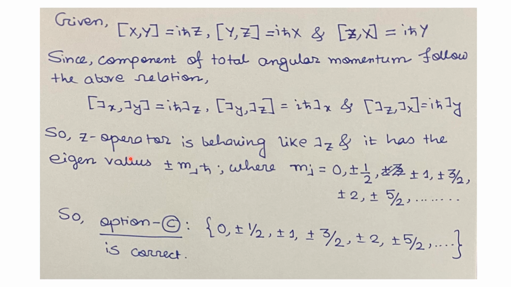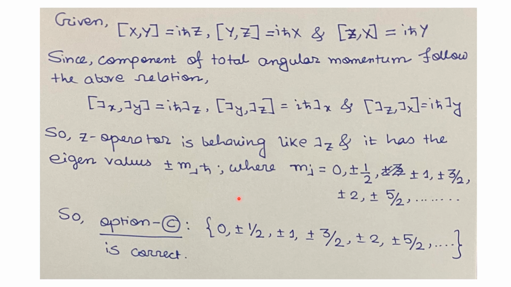So the Z operator is behaving like Jz, that is the z component of the total angular momentum, and it has the eigenvalues plus minus mj h cut, where mj has the values 0, plus minus half, plus minus 1, plus minus 3 by 2, plus minus 2, plus minus 5 by 2, and so on.